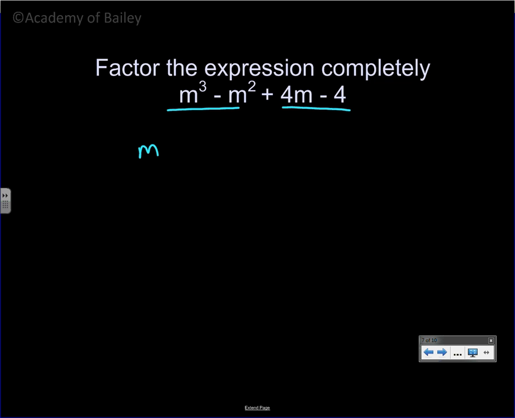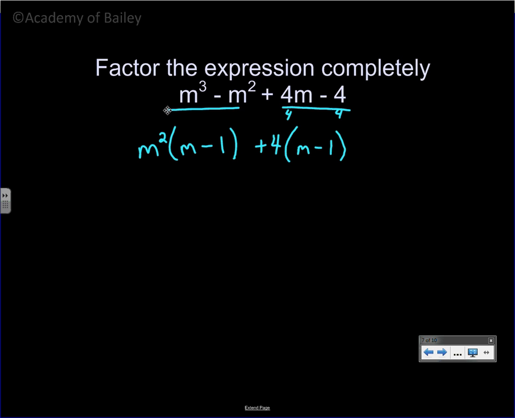You're going to pull out m squared from the left underline, and that leaves you with m minus 1. And then from the right underline, you're pulling out a positive 4. If you divide that by 4 and divide that by 4, you should get m minus 1.